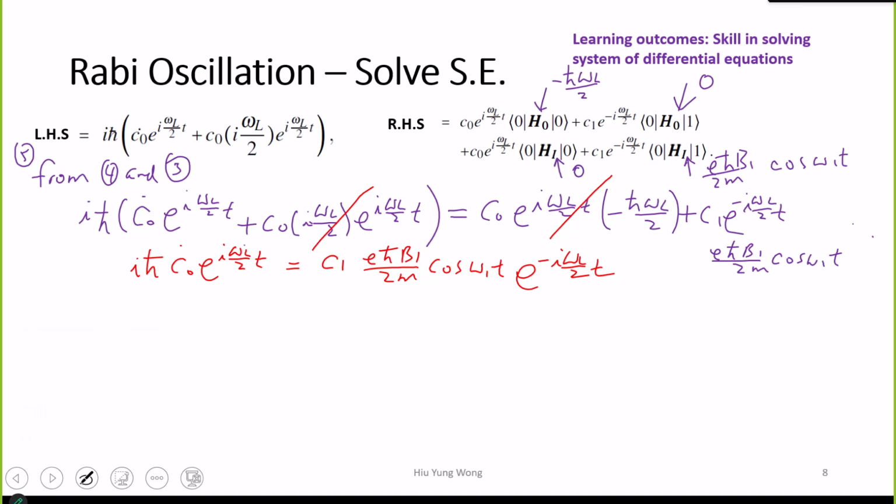Because I keep i on the left, then I have i C0 dot equals C1 eB1 divided by 2m cosine omega 1t and e to the power negative i omega L t, because this is negative 1 over 2, this is 1 over 2, so when I put it here, it becomes omega L t.